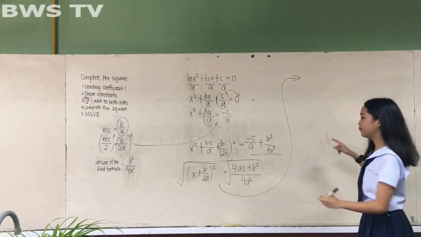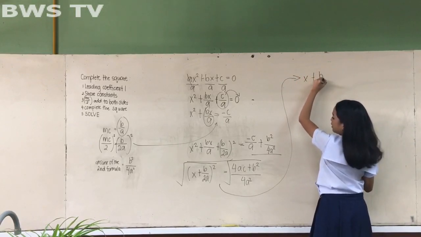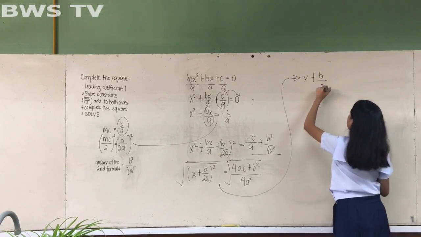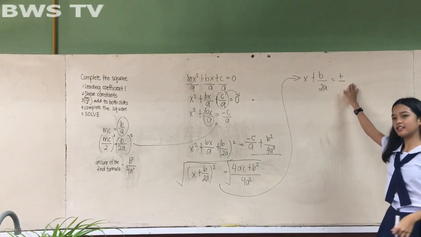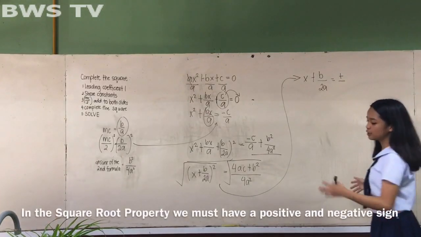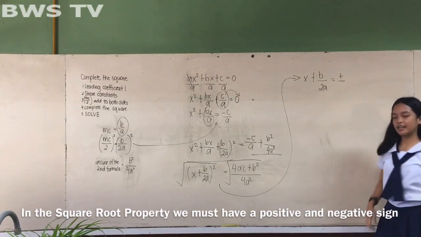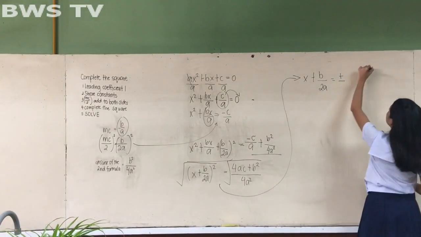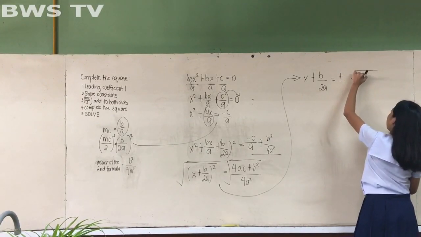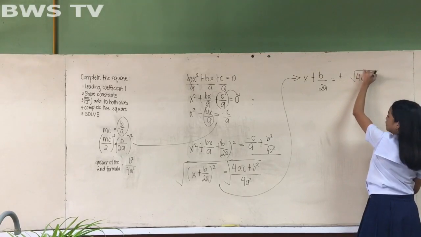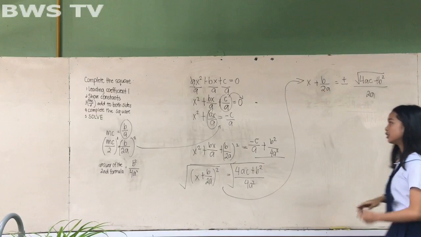It will become x plus b over 2a is equal to positive negative. Why is there positive negative? We have positive negative because whenever we do the square root property, we need to add a positive and negative sign. Then square root of 4ac plus b squared. This is the answer of the solution.